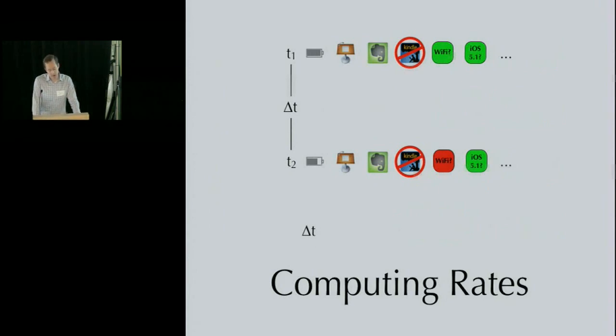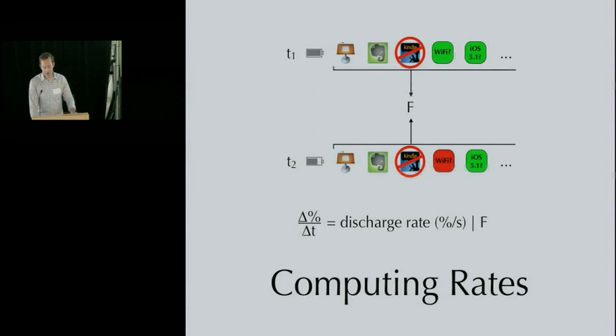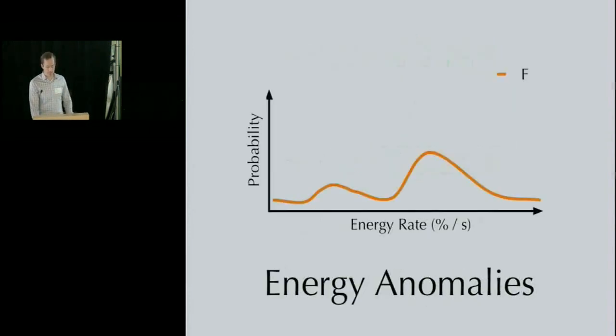We do this by looking at the difference in time and the difference in the battery level. This gives us a discharge rate in percent per second. Then we take the two feature vectors and combine them to get a feature vector for this discharge rate. And so we can condition the discharge rate on some set of features, like what does the discharge rate look like when the user has Wi-Fi access or is running an iPhone 4 or something like that.